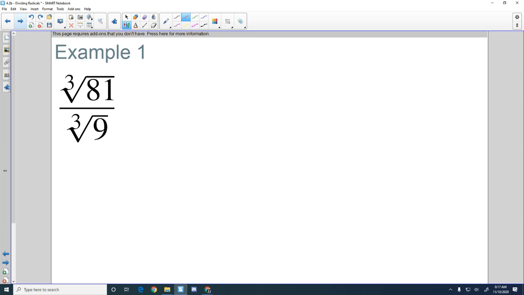So just focus on that denominator. It's a monomial. So what were those steps for canceling out a monomial? Look at the index, look at the exponent.